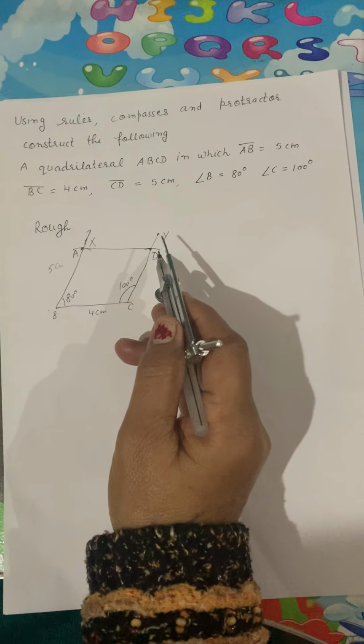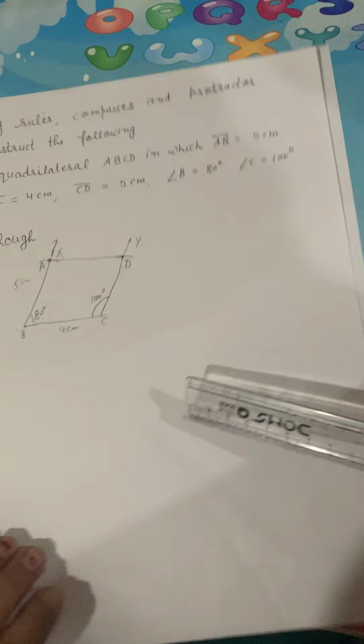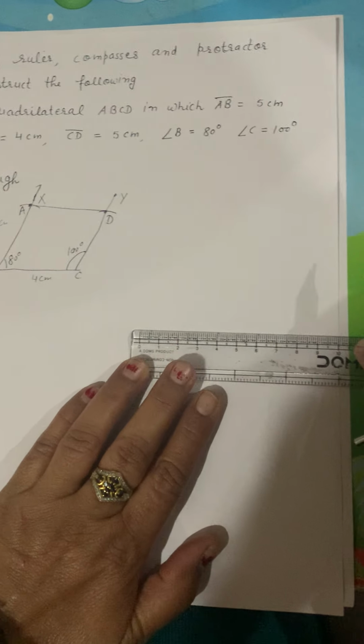Now you have to construct this with the help of a ruler and protractor. First of all, you have to take BC 4 centimeters.